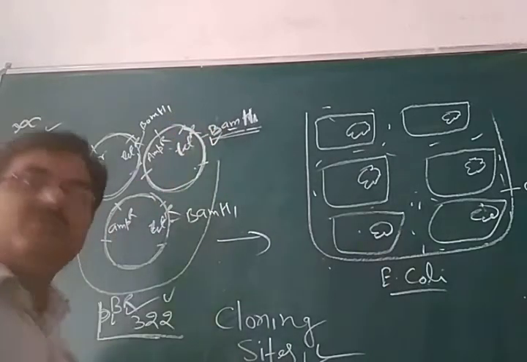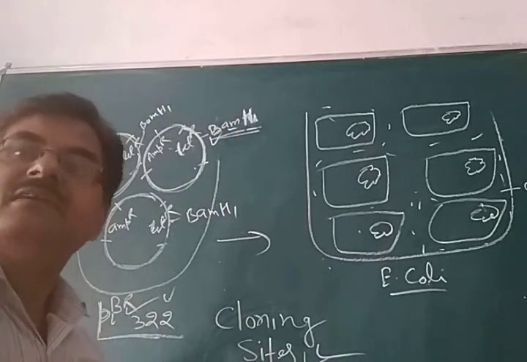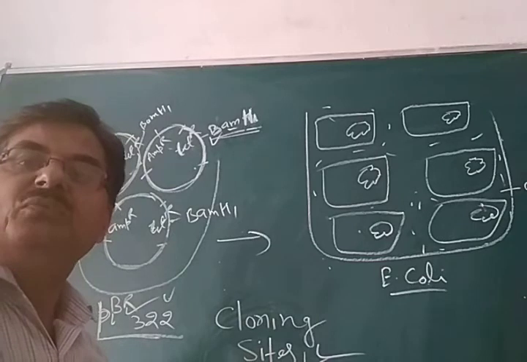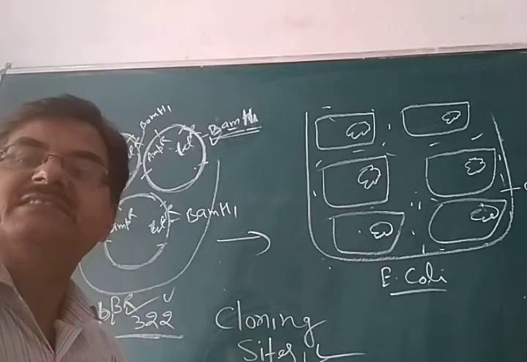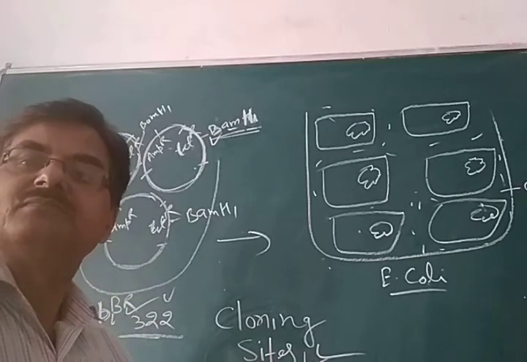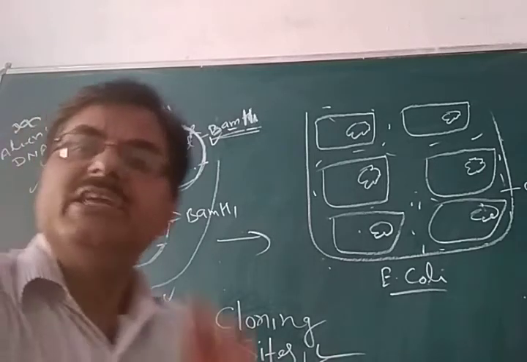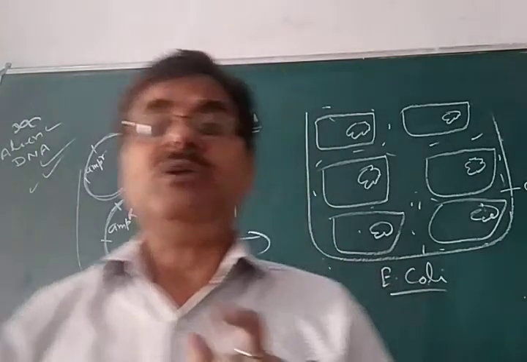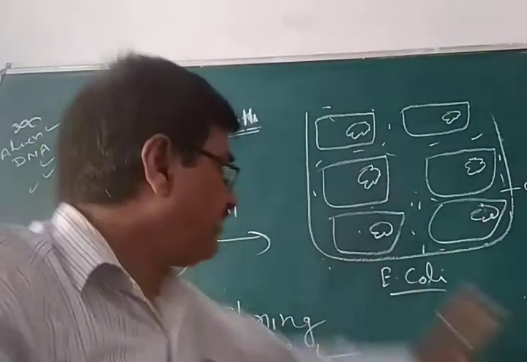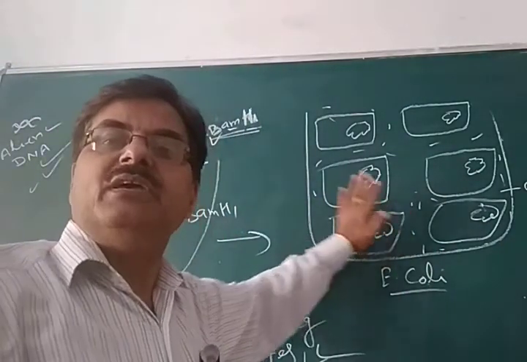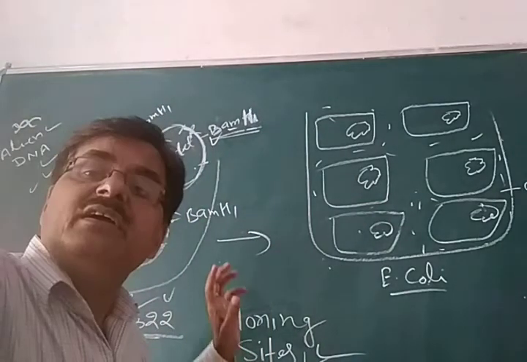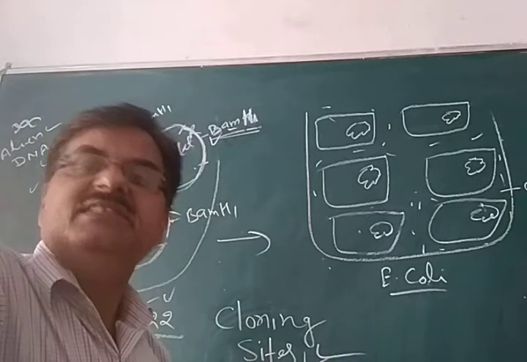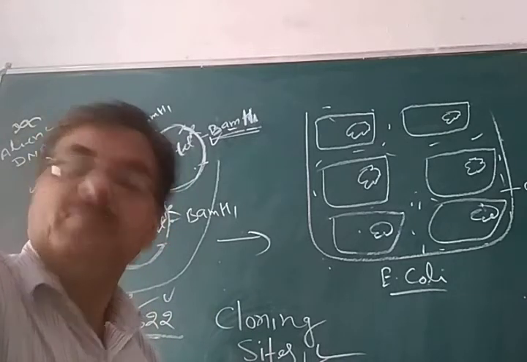Actually, we already learned that for E. coli, we use the antibiotic resistance genes as the selectable marker. I am not talking about all hosts, for E. coli normally we use the antibiotic resistance genes as the selectable marker.